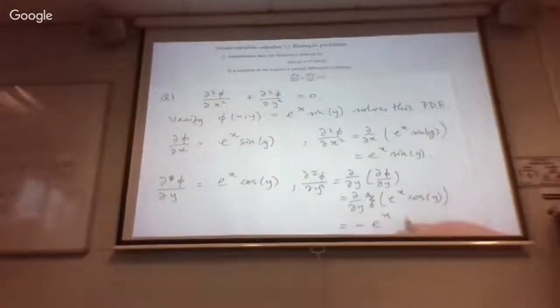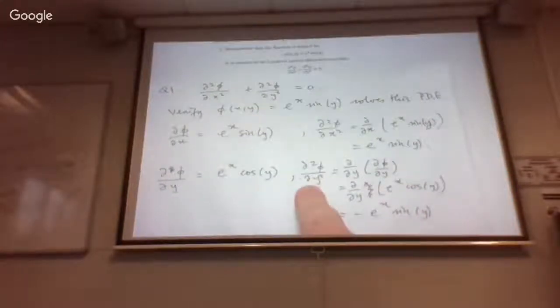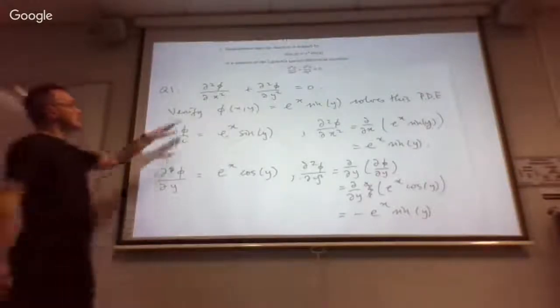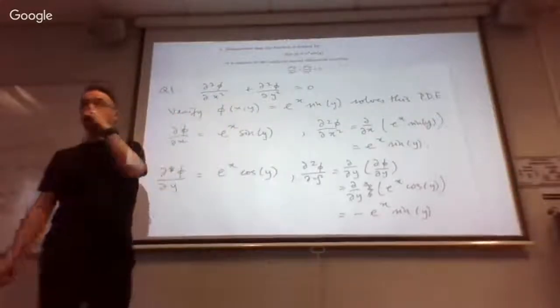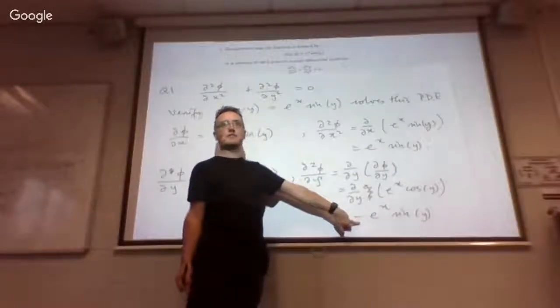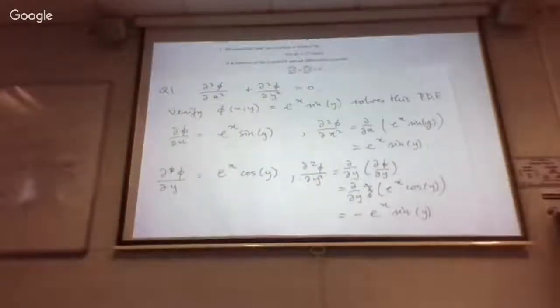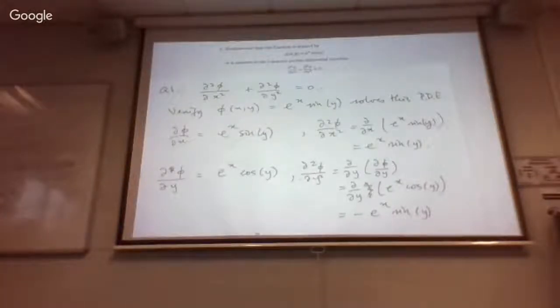So you get minus e to the x sine of y as the second order y derivative. The PDE says add these two together and get the value 0, and of course that's what happens. Take the second order x derivative, add it to the second order y derivative. They do indeed cancel out, and you do indeed get 0. So d2 phi dx squared plus d2 phi dy squared equals 0 as required.